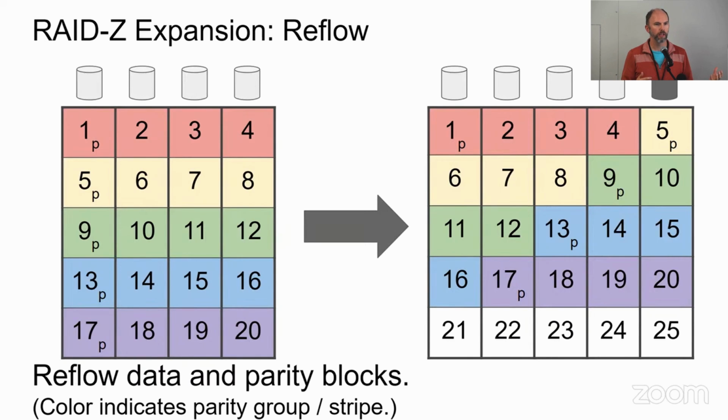So the parity doesn't get recalculated, it gets moved to a new location. In this case, sector 5 is the parity of 6, 7, and 8, and we're moving it to a new location on the new disk, but we still have sector 5 being the parity of 6, 7, and 8.